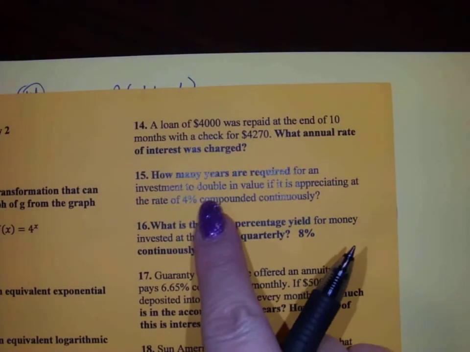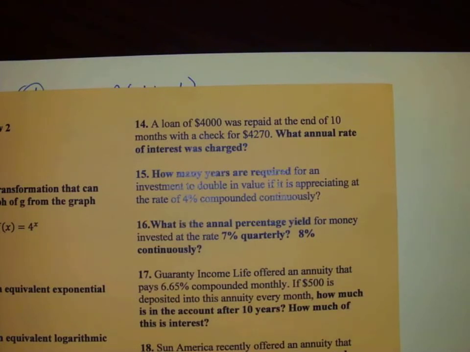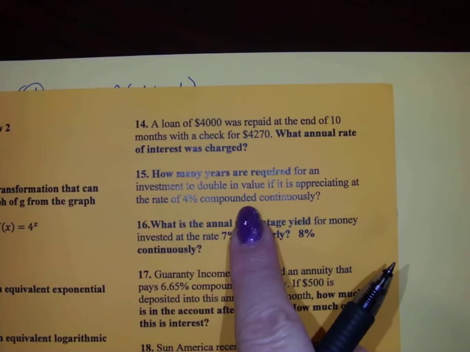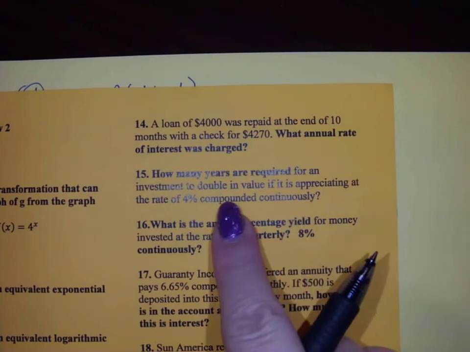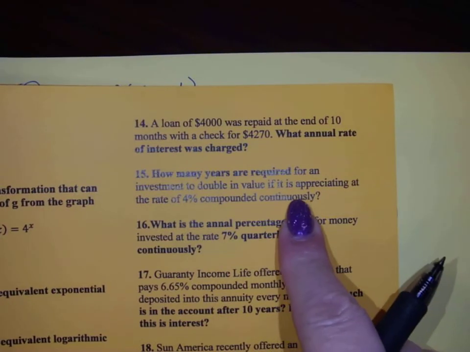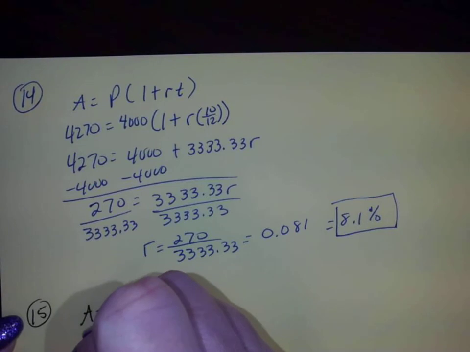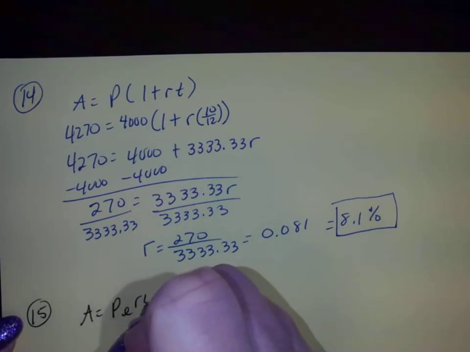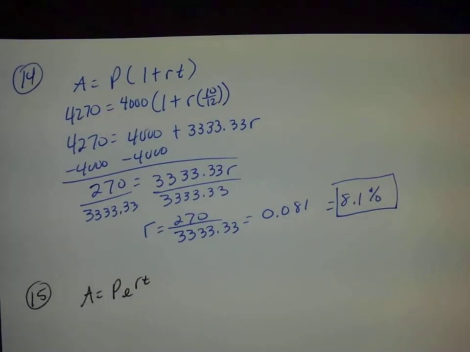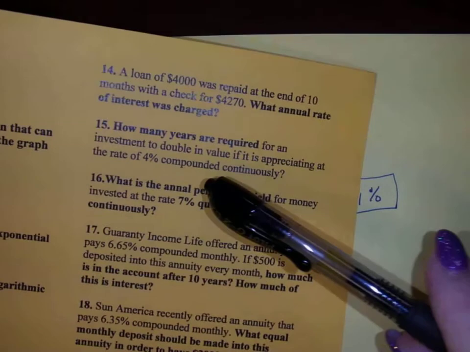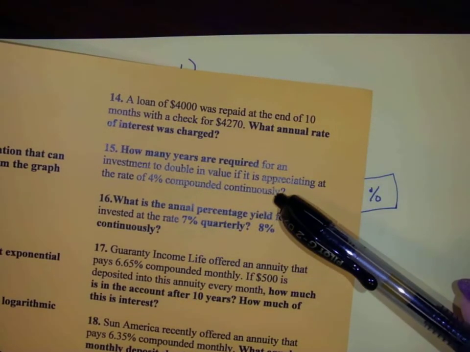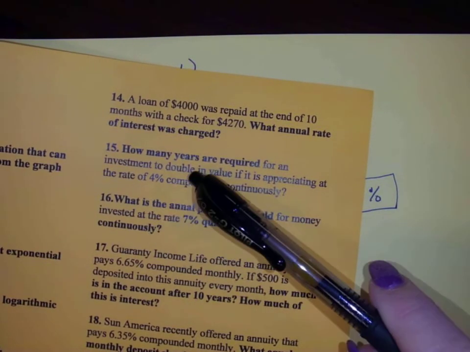All right, so how many years are required for an investment to double if it is appreciating at the rate of 4% compounded continuously? So continuously means we're going to have the formula with the E. So A equals PE to the RT. And it said that we're doubling. We weren't given a whole lot. We're given continuously 4% and then it doubled.